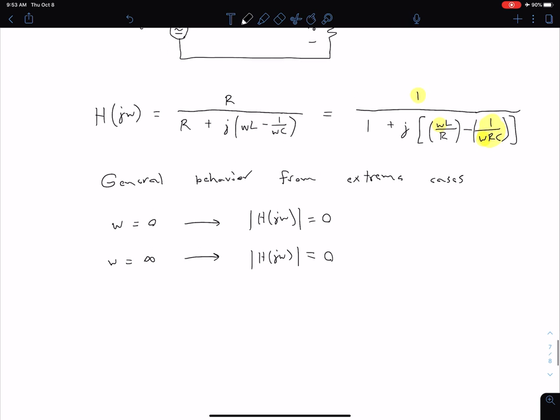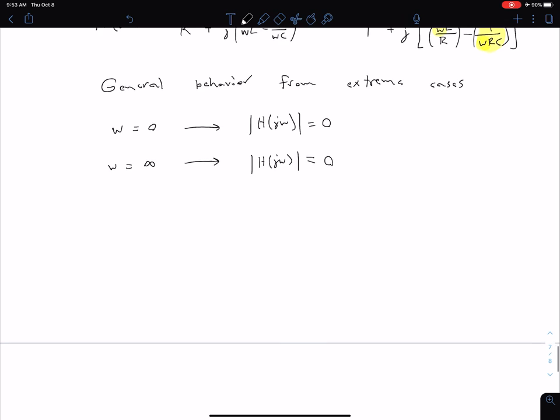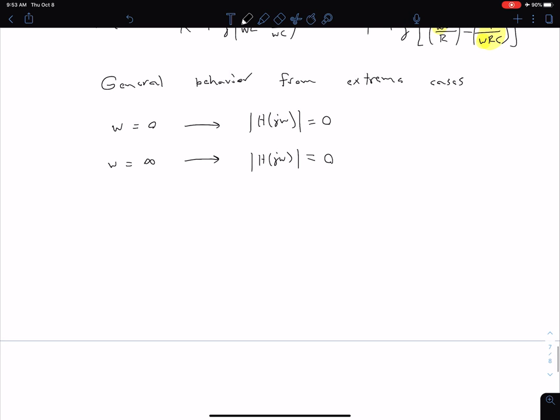So what we need to do then, as an additional step for our bandpass filter, is remember we had defined this resonant frequency. So what we can say is at some frequency, and because we've already discussed this, we know we can call this omega naught, we're going to have the magnitude of our H of j omega equal to 1.